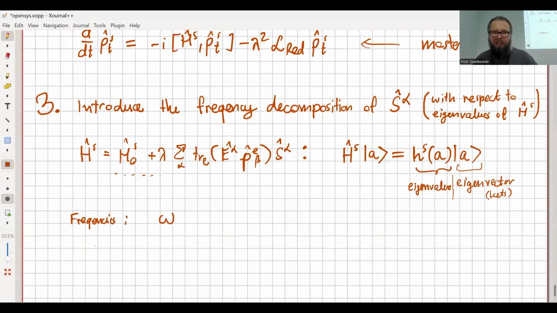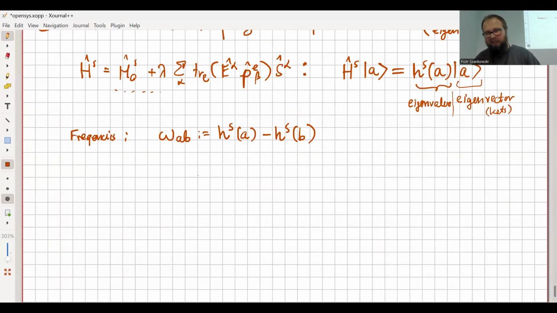The frequency omega_AB is, by definition, the eigenvalue epsilon_A minus the eigenvalue epsilon_B. These are our frequencies, and we do the decomposition of S_alpha with respect to those frequencies. That's why frequency is in the name. So what is this frequency decomposition?